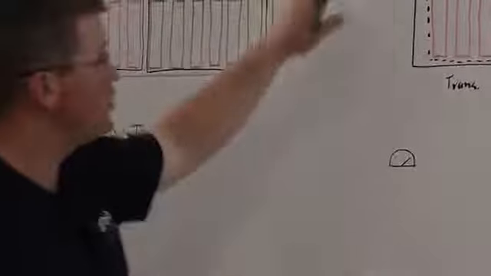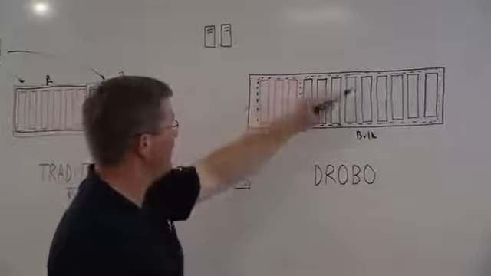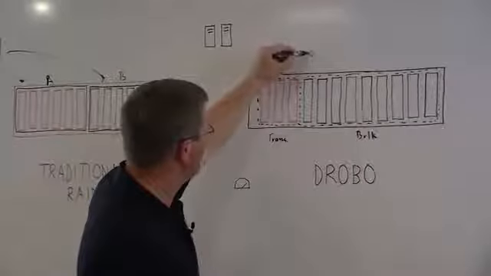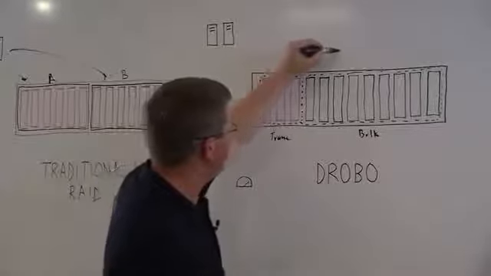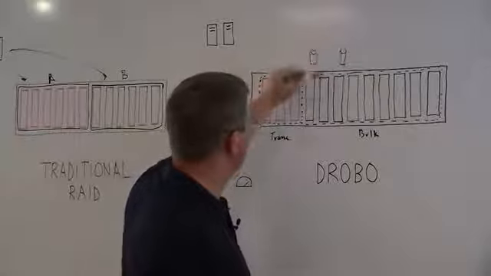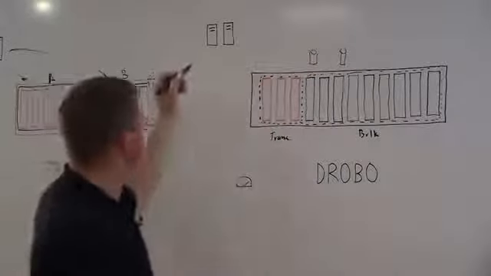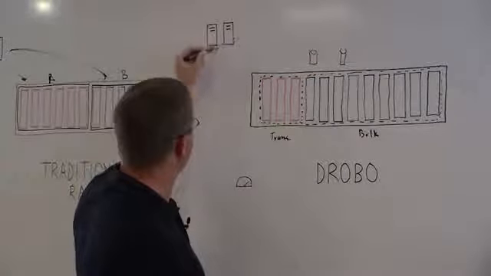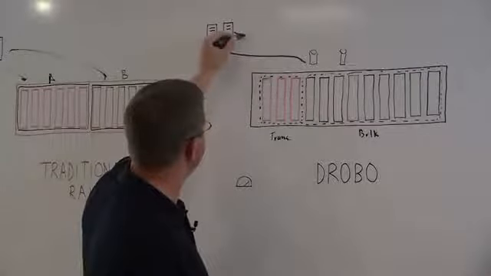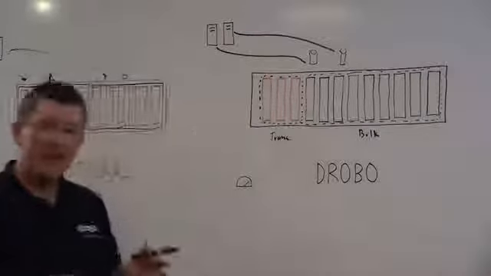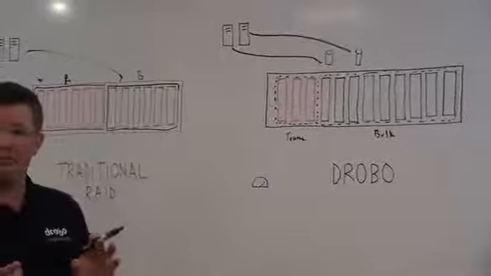So now, as you create your volumes on the common pool, if I create a volume here, I can create a volume here. You don't have to decide what drives they're on. And so as data is written from the servers to these volumes, the data is going to be looked at and routed accordingly.